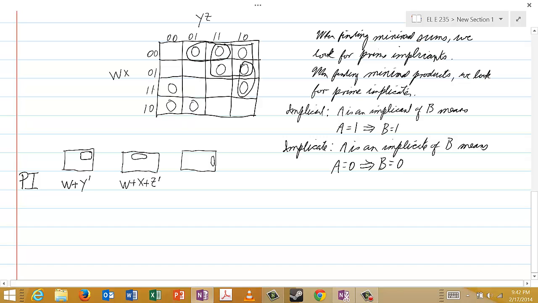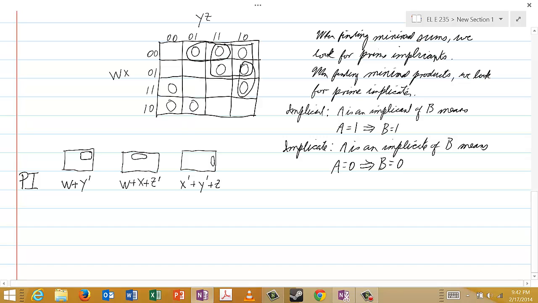X is constant and equal to 1, so we have X prime. And what about Y and Z? Well, for these two cells, Y is constant and equal to 1. Z is constant and equal to 0. So we have or Y prime or Z.